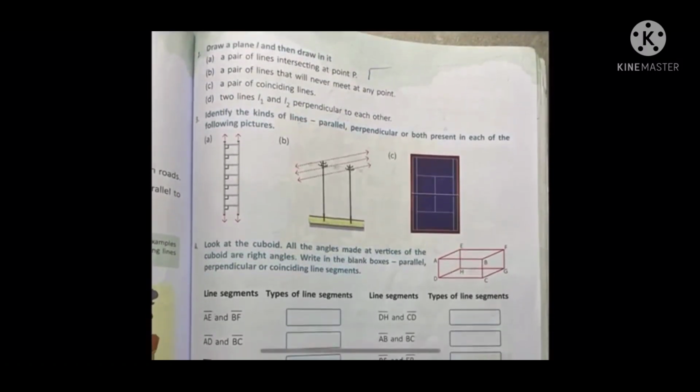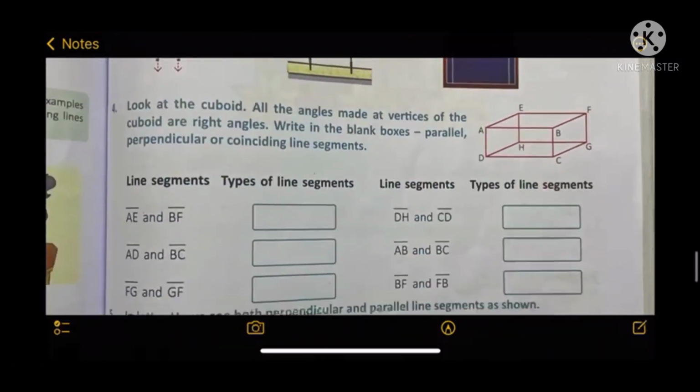Now let us discuss question number 2. Draw a plane L and then draw in it a pair of lines intersecting at point P. I am taking the help of a virtual ruler to draw it. You have to do this question in your classwork copy.